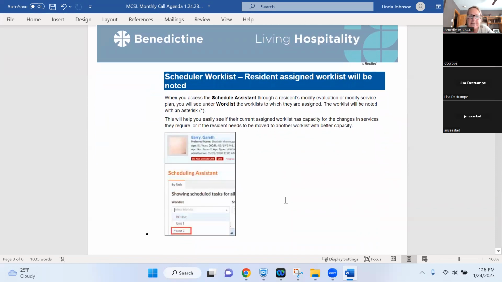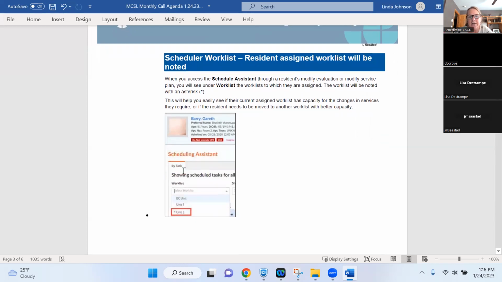When you now access your scheduling assistant through your residence evaluation or modifying a service plan, under your work list you'll see there's a little asterisk and it'll tell you which work group your person is in.